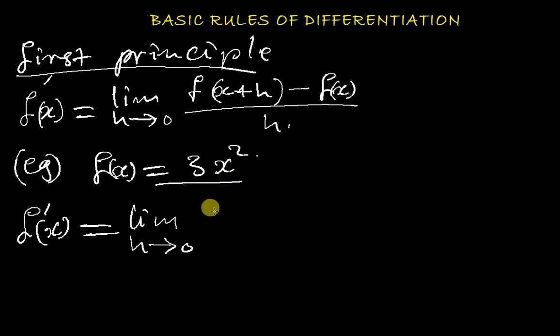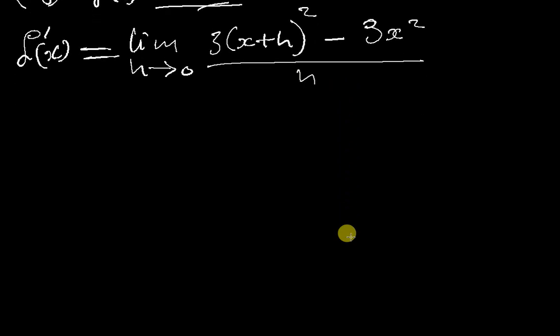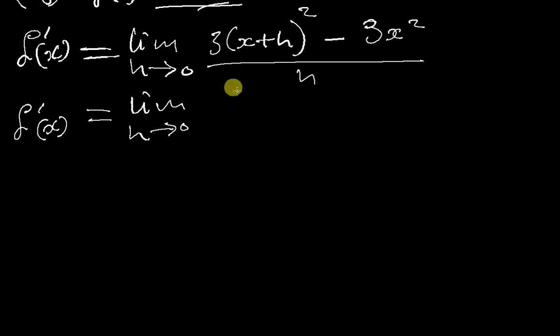So we have 3, and then x plus h squared, then minus the whole function, which is f of x, which is 3x squared. Then everything we divide by h. From there we can find f prime of x, which is equal to the limit of 3 times (x plus h) squared.